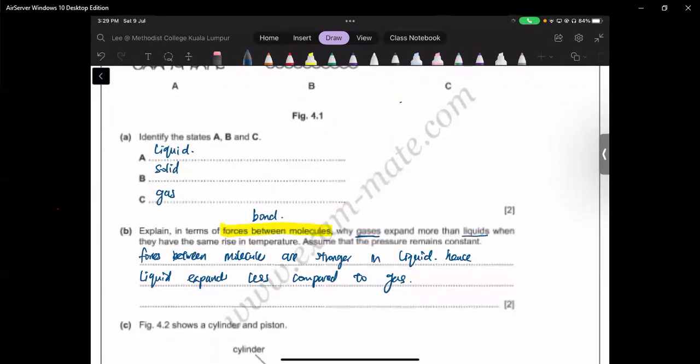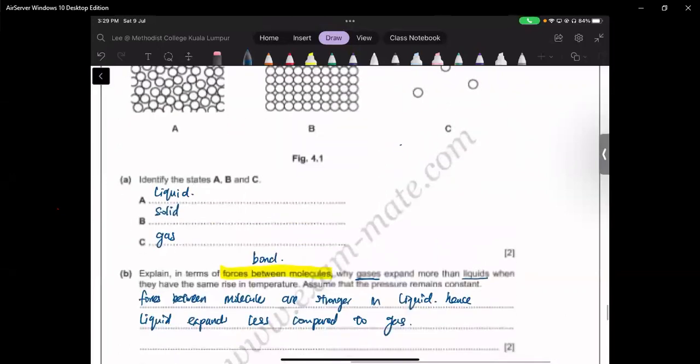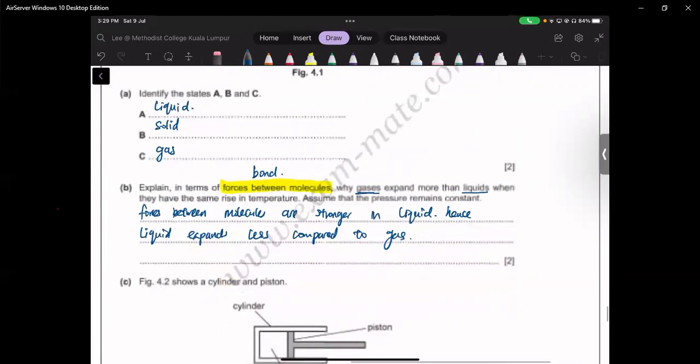Teacher, can I talk about gases instead of liquids? You can talk about gases instead of liquid, of course. As long as that idea is there, it's correct. In fact, I would say that the forces between gas particles are very weak.